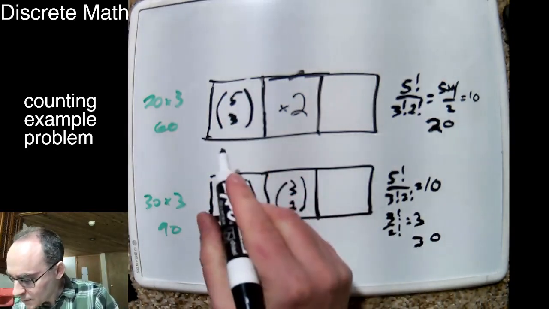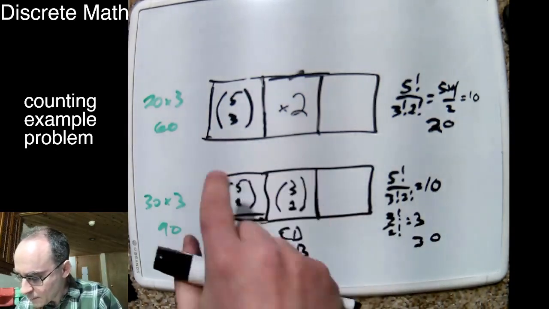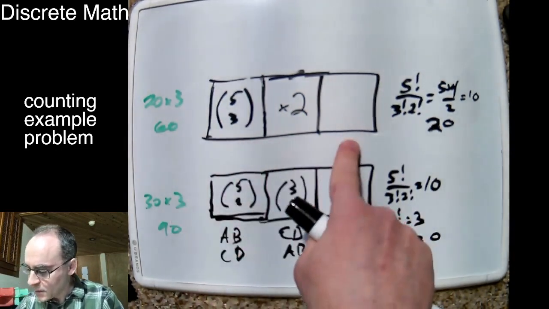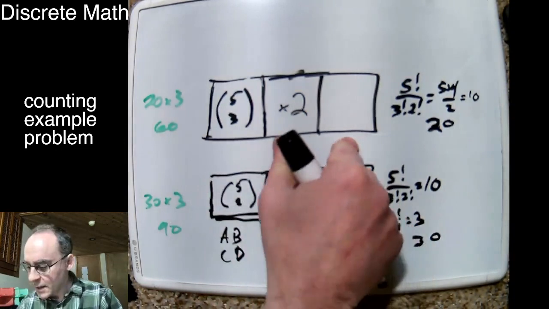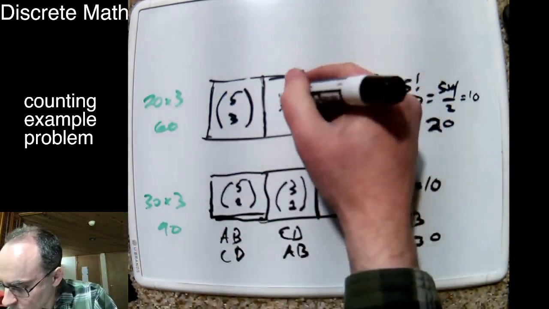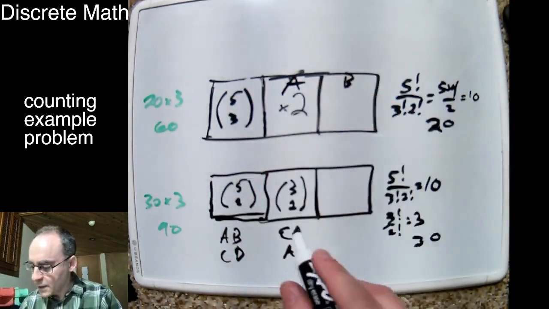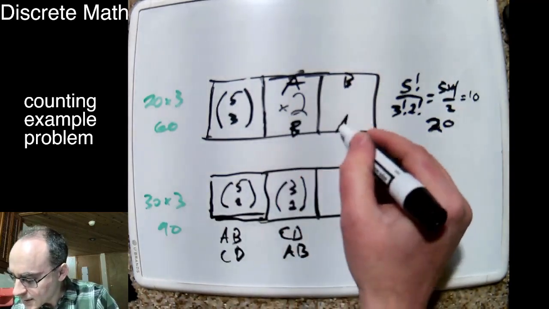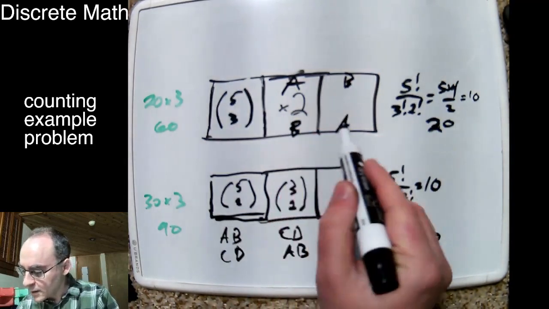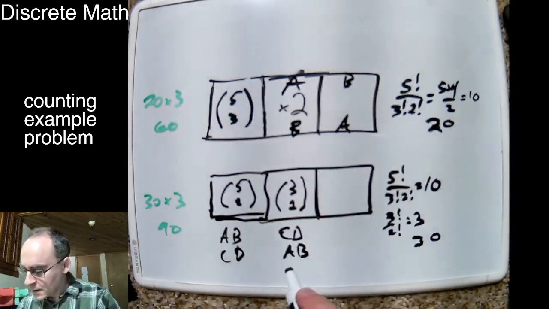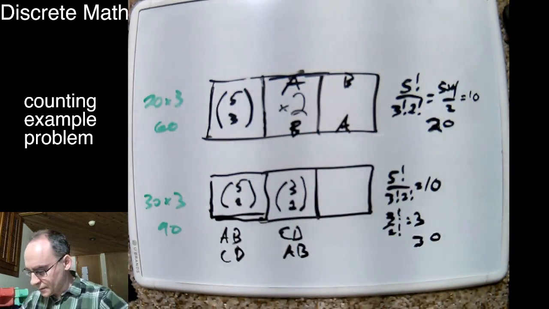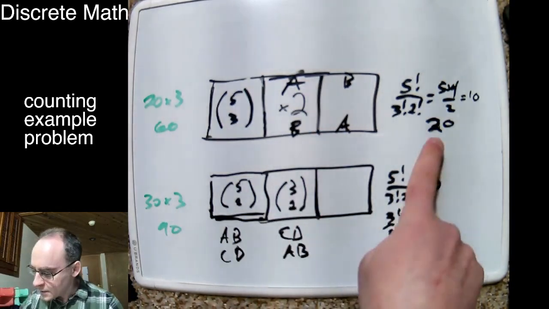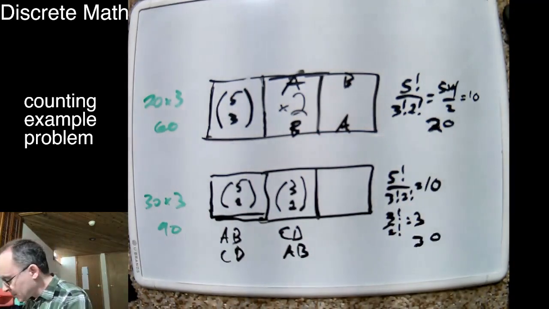But also, I need to be careful, because if I've got only 1 thing in this box and 1 thing in this box, and the boxes aren't labeled, then I don't really care. If A were in this box and B were in this box, that's indistinguishable from B being in this box and A being in that box. So that means if the boxes aren't labeled, then I don't have 20 possibilities.